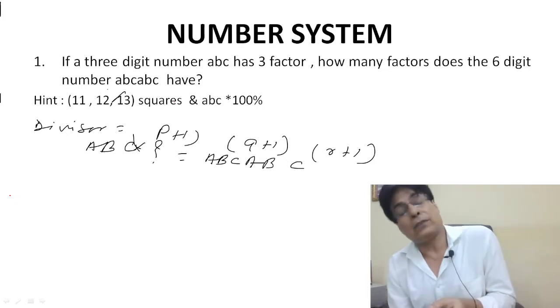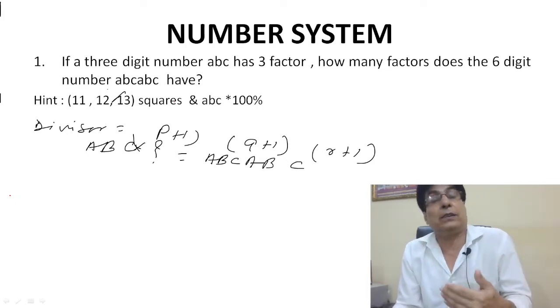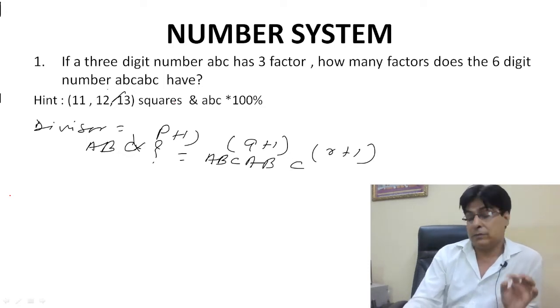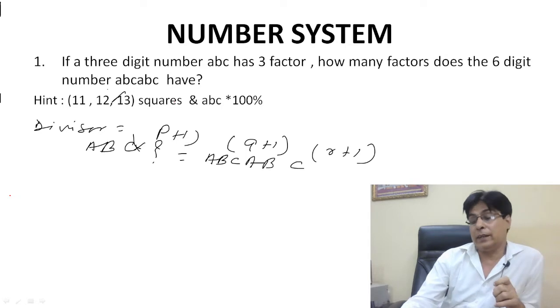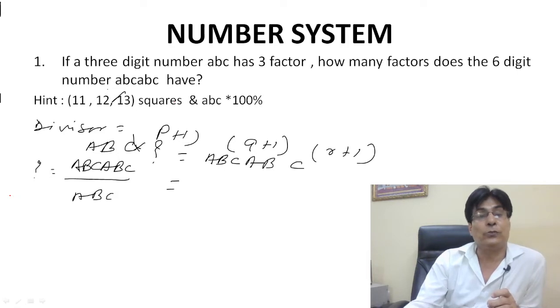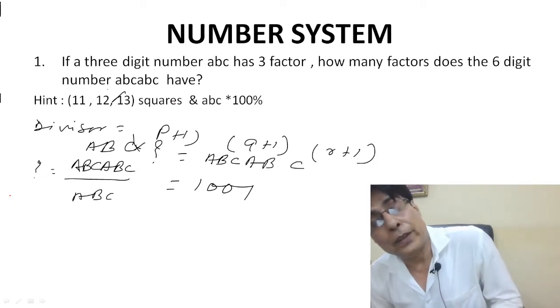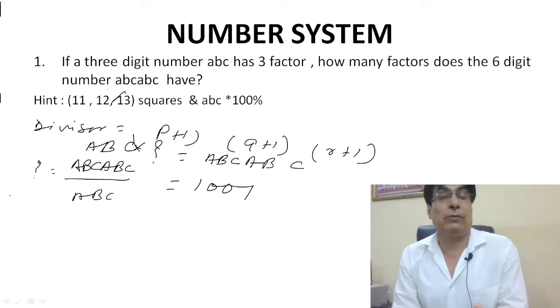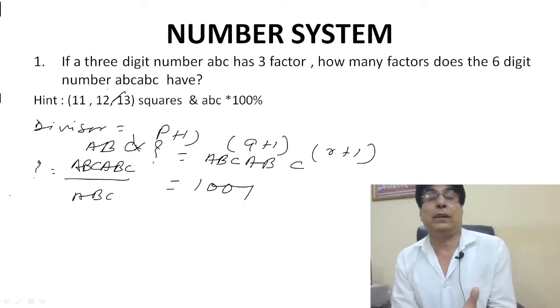Then the digits of the given number must be repeated. If you pay a little attention, you must find what ABCABC divided by ABC is equal to, that is 1001. It means when you multiply any 3-digit number by 1001, the digits of the number are repeated.